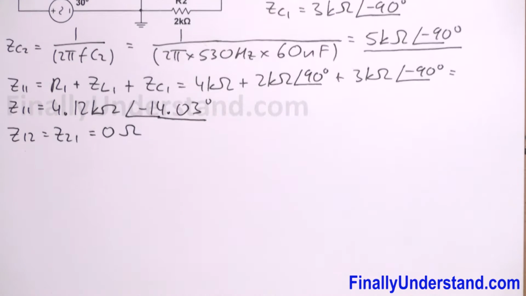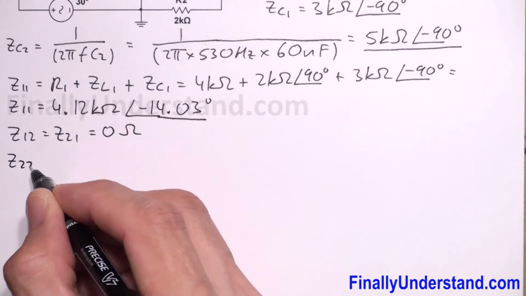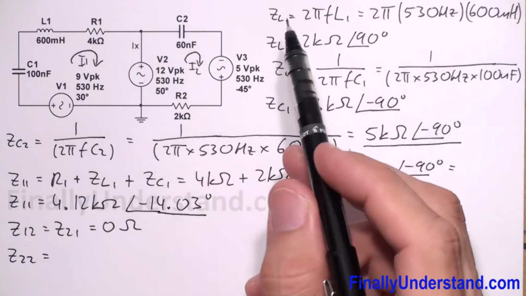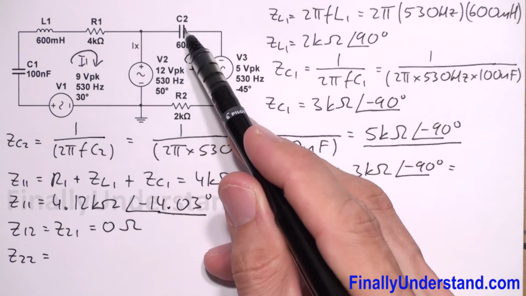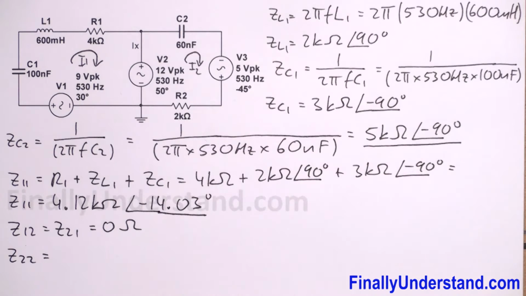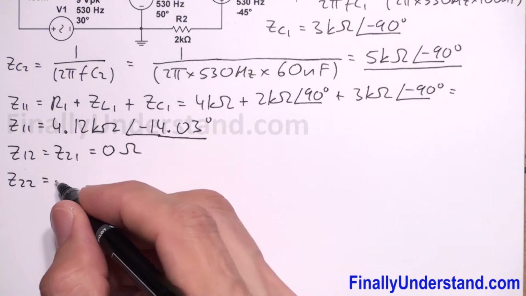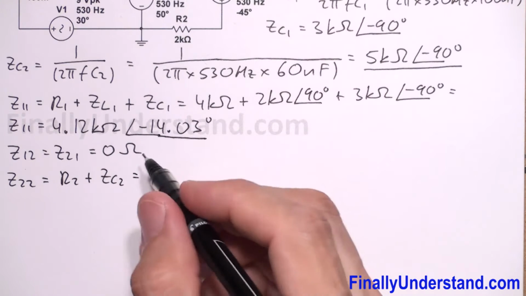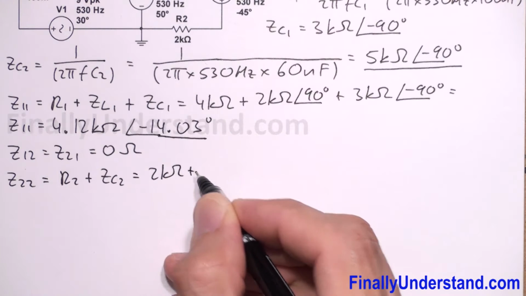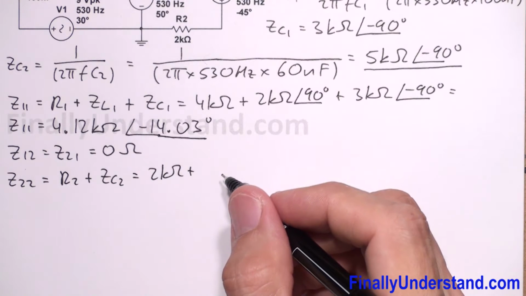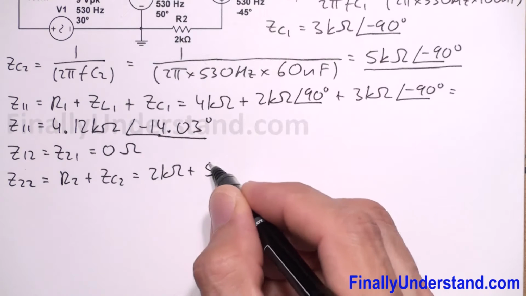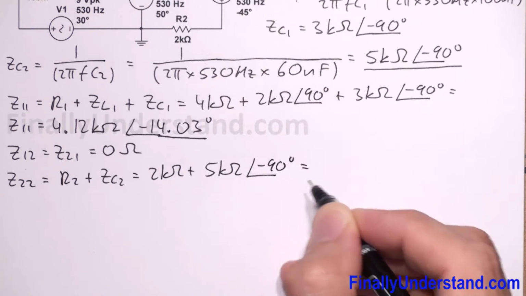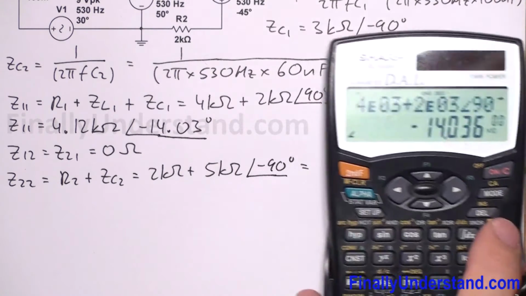Next, I'm supposed to find Z22. Z22 is the sum of the impedances in loop 2. So I have in loop 2 capacitor C2 and resistor R2. That's why I'm going to write that Z22 is equal to R2 plus ZC2, where R2 is equal to 2 kiloohms plus ZC2, which we found is 5 kiloohms and angle of negative 90 degrees. Again, I'm going to use the calculator.